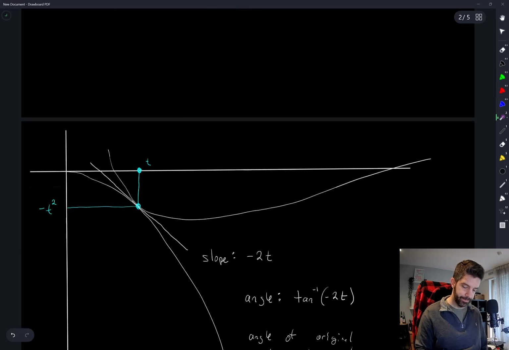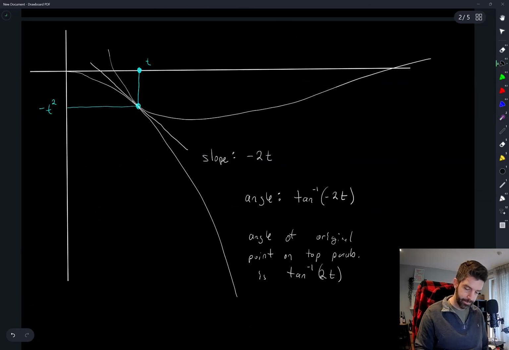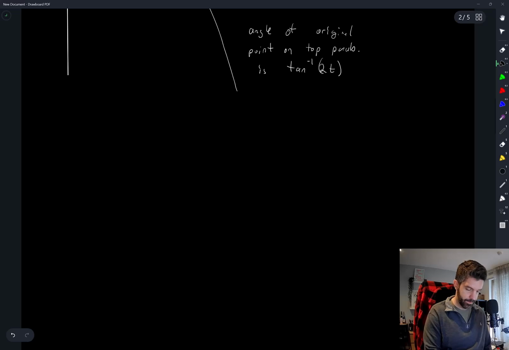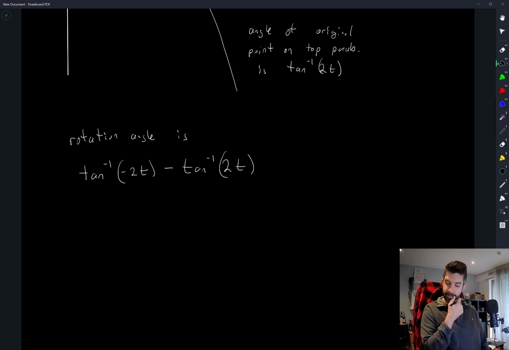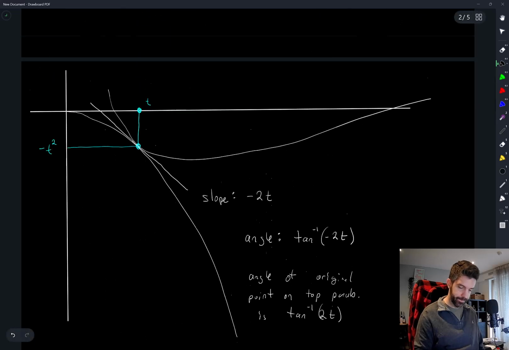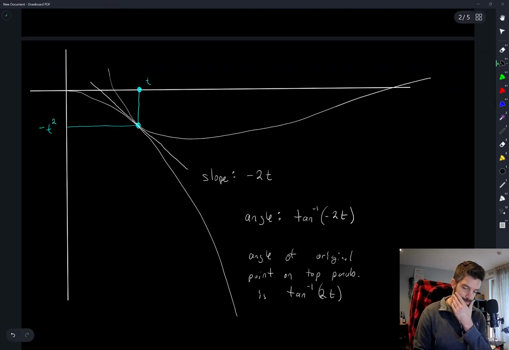So that's the rotation. The rotation angle is the final angle minus the initial angle.